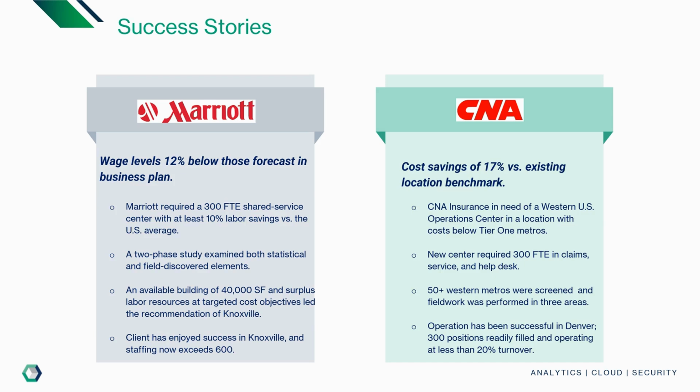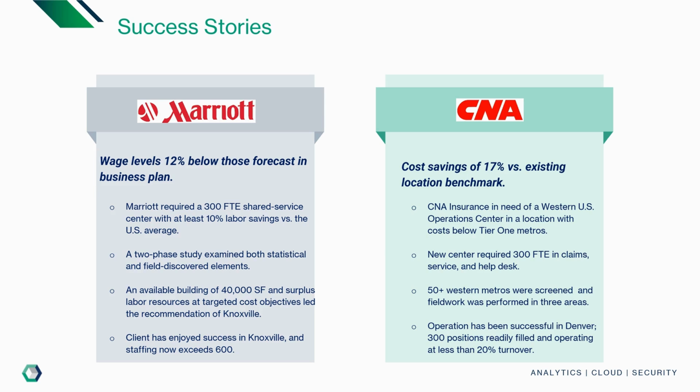Let me highlight a few examples showcasing the successful results our facility location optimization approach has delivered for clients. For Marriott, over 50 metros were analyzed before recommending the best location for their new 300-person shared services center.